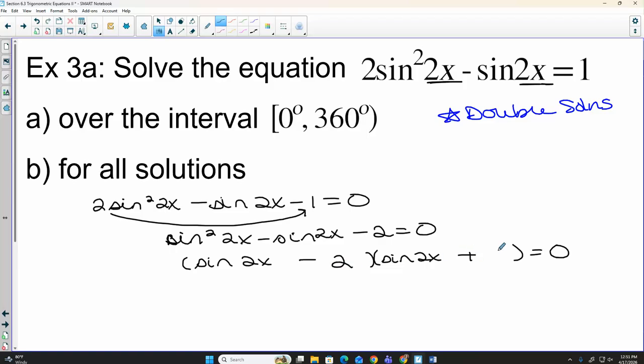Have to flip it so we get negative 2 and positive 1. Divide our 2 back. So sine of 2x can equal 1 or negative 1/2.